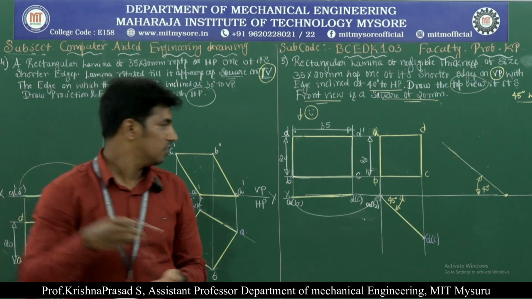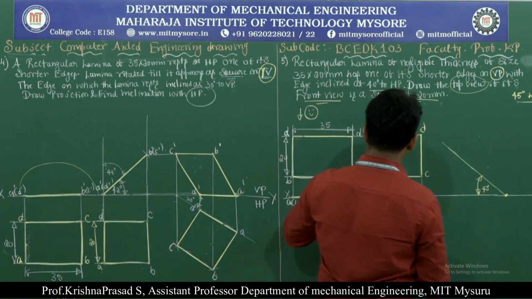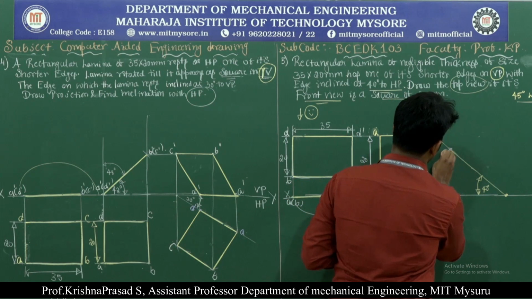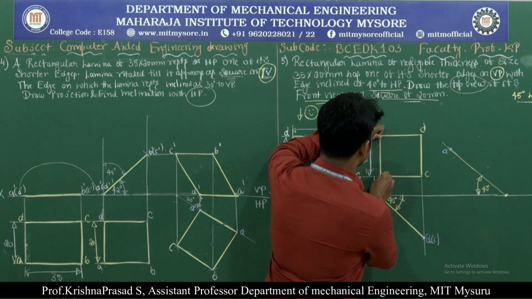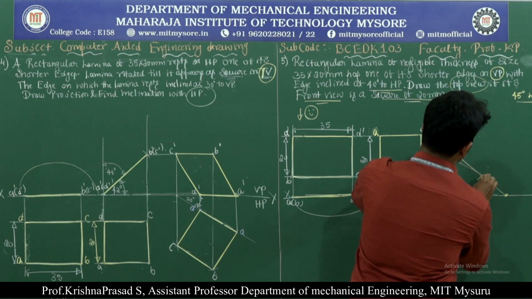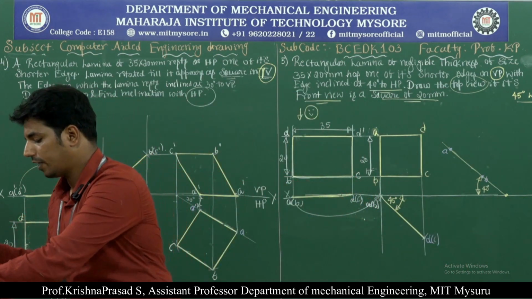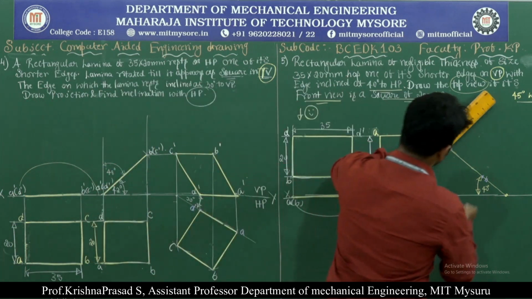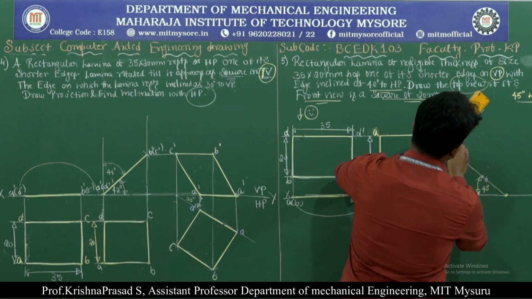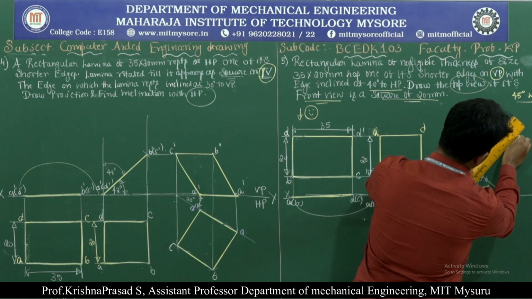Initially mark the point. This is called A, and measure the distance of A to B, and this is called B. Instead of taking the arc, you can also draw straight lines keeping the perpendicularity.